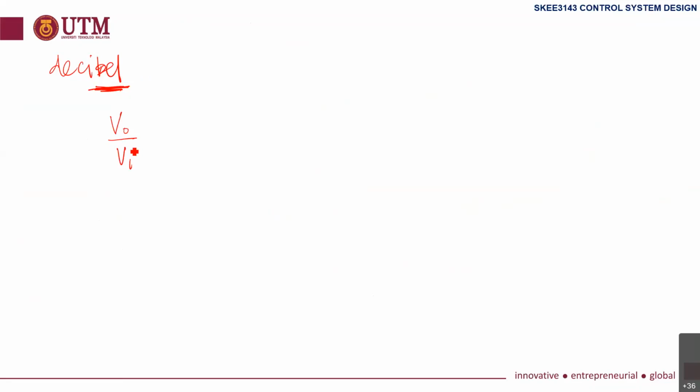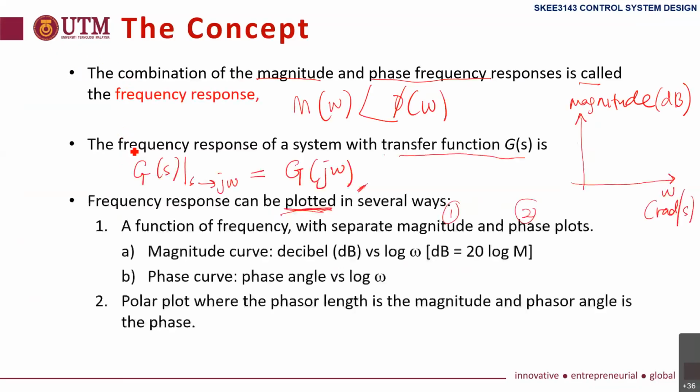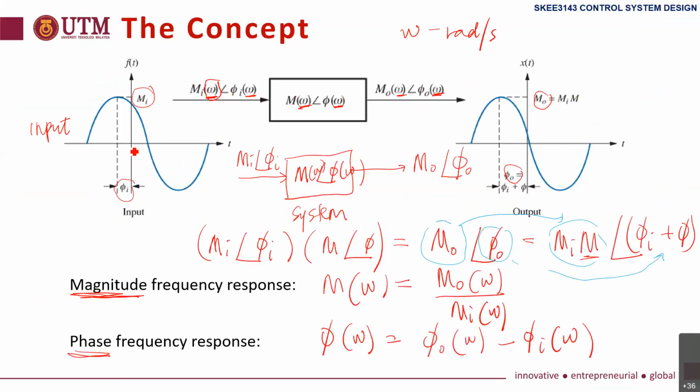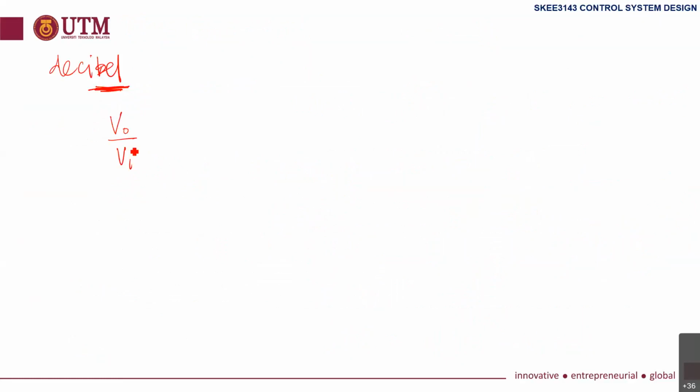This is very appropriate for us later because what we want to do here is to compare the sinusoidal output and the input. V naught over V in was introduced by Bell Laboratory. That's why it's called decibel, Bell.